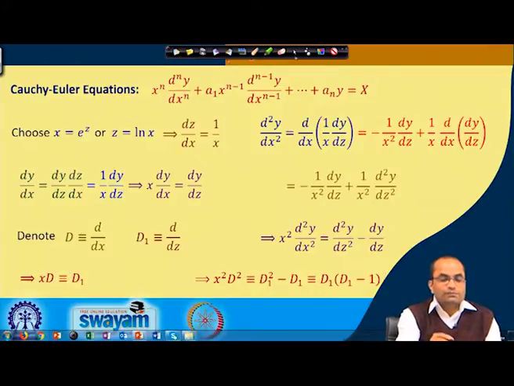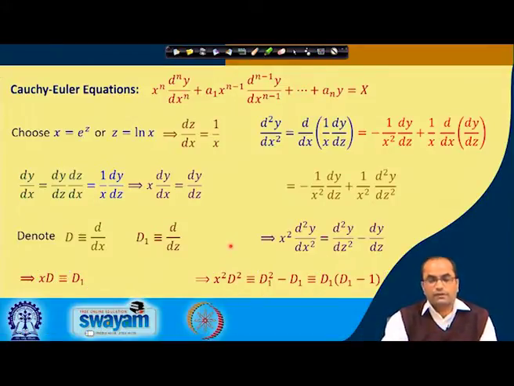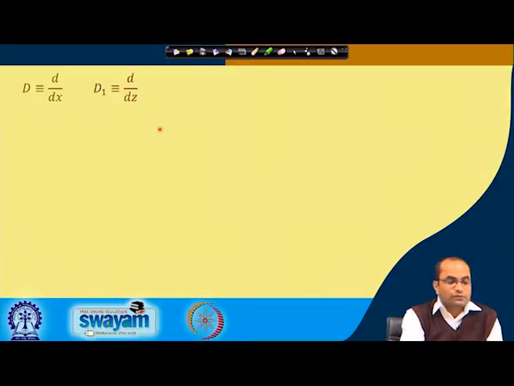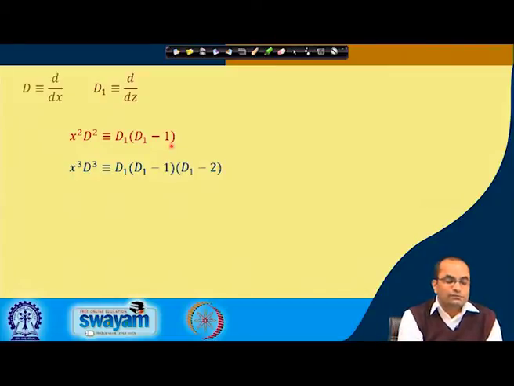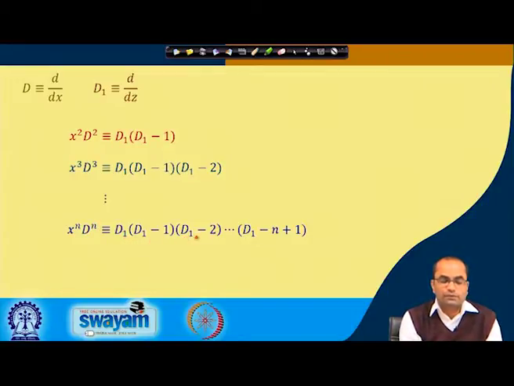And now, if we continue this process, what will we get? In the general form, we can now write, introducing these operators, d implies d over dx and d1 implies d over dz. So, for x square d square, we have seen d1 into d1 minus 1. When we compute x cube d cube, what comes is d1 multiplied by d1 minus 1 and d1 minus 2. If we continue this process, in general x power n d n is d1, d1 minus 1, d1 minus 2, and it will go up to d1 minus n minus 1.